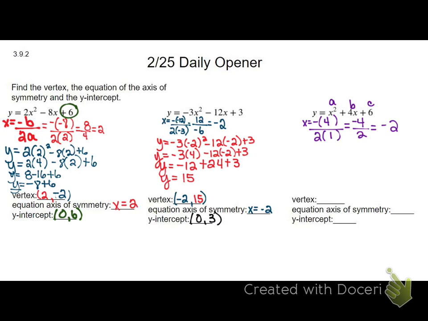Okay, so the equation of the axis of symmetry is x equals negative 2, because we just solved for x there. That's going to be the first part of my ordered pair for the vertex, which is going to be negative 2. Okay, how do I find my y? Let's have Riley do this one. So I want you to find my vertex. We already have the x value for my vertex, but I need the y value because the vertex is an ordered pair.